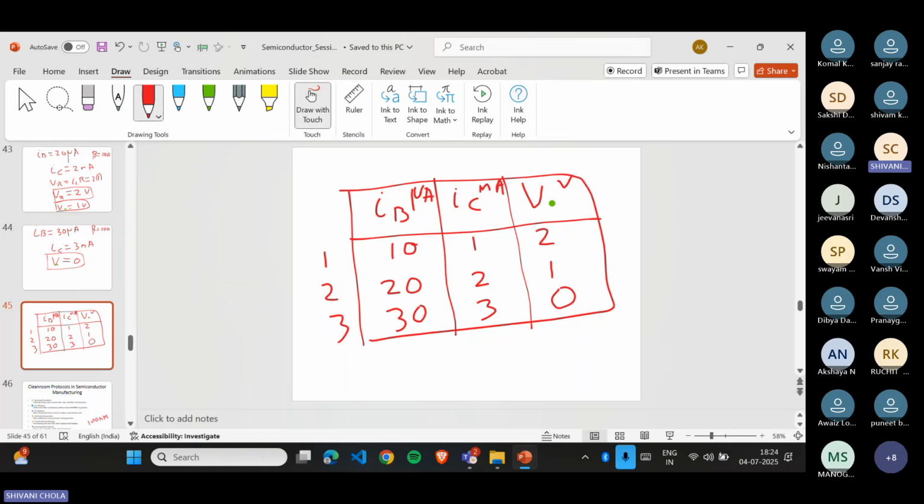So guys, can you increase this current further? Yes, you can increase it, but will the value of IC increase? It will not increase. Why? Because you can't have a negative potential. So this is the maximum current you can have in your circuit, and this is the minimum voltage you can have in your circuit.